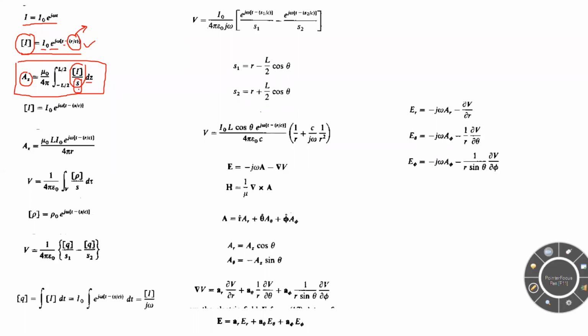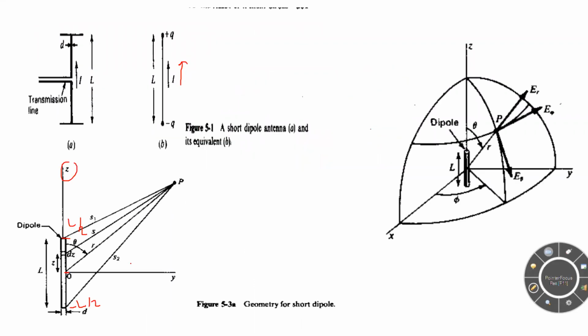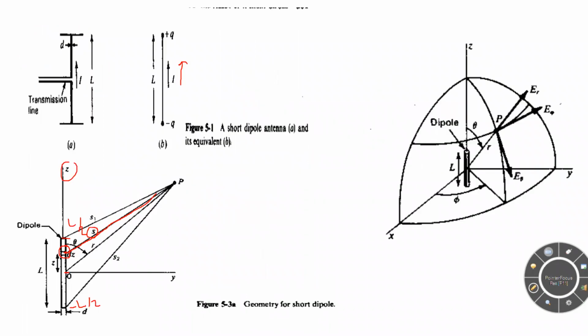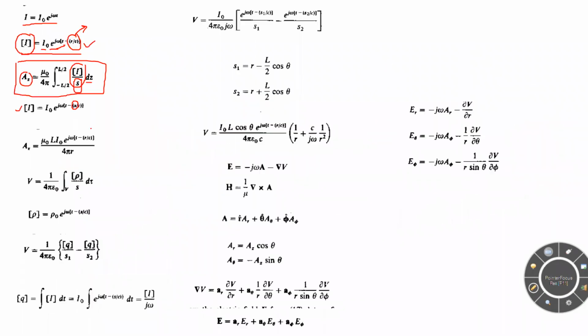So where did this come from? This is coming from the small elemental length which we are considering over the dipole. So we are trying to estimate the vector retarded potential due to this small elemental length, which is at a distance of s. So this s is coming from there. Now I is nothing but I naught into e raised to j omega (t minus ...). Now, the r value we were considering was with respect to the reference point, that is the midway.